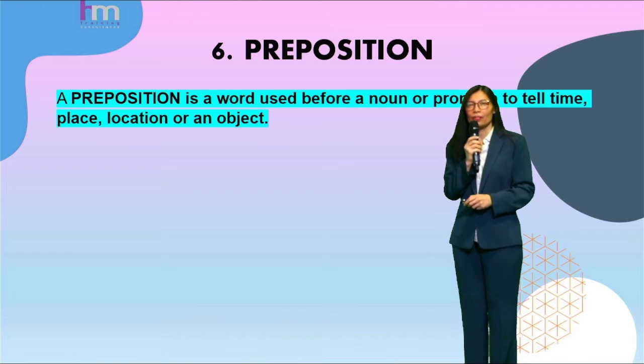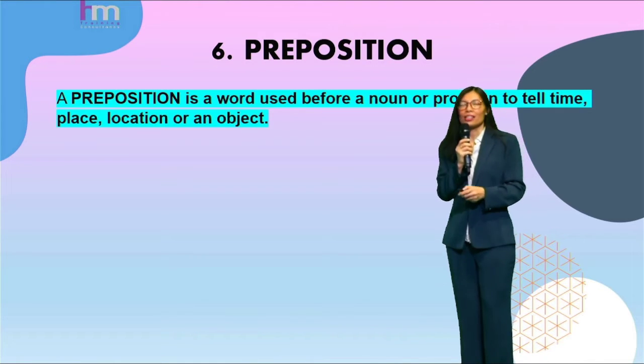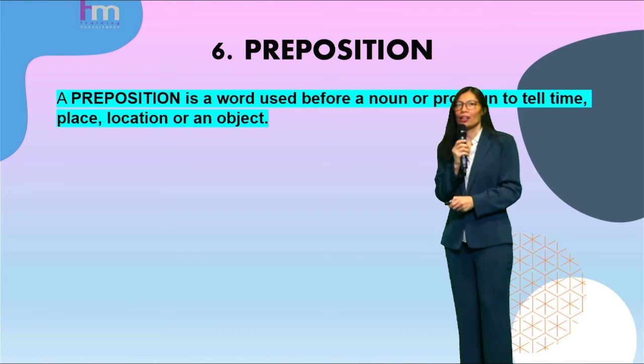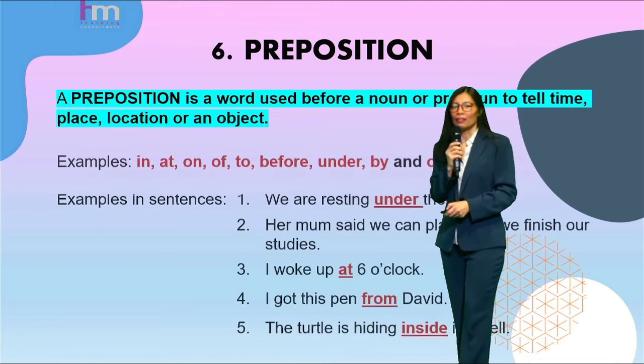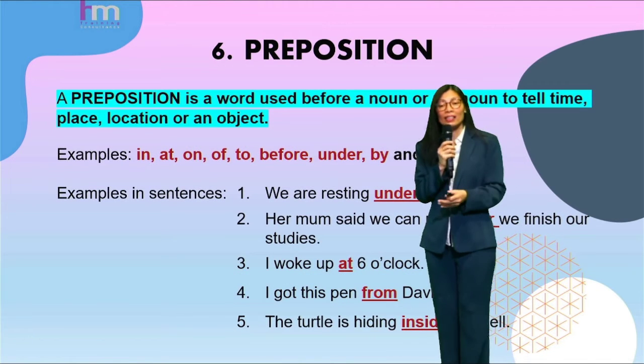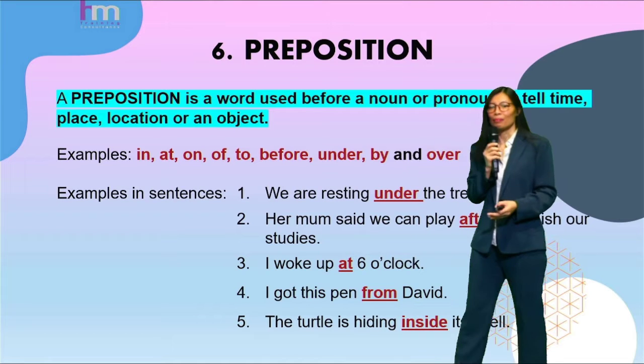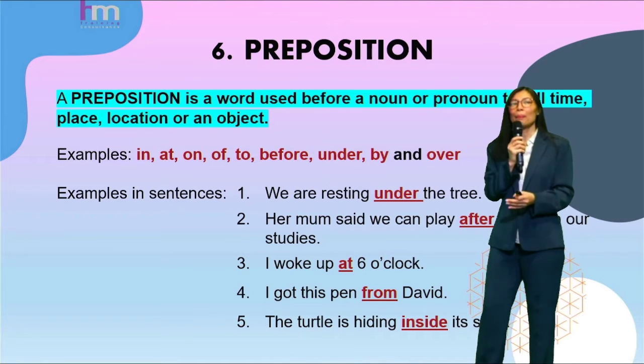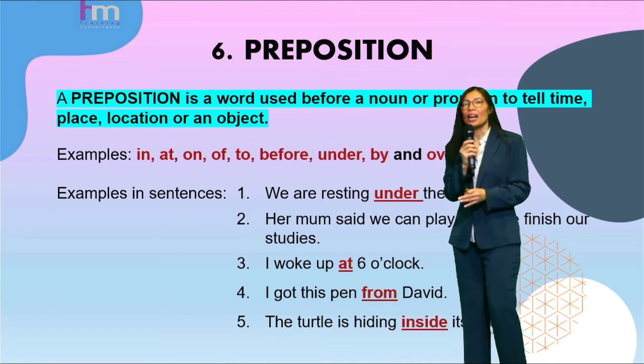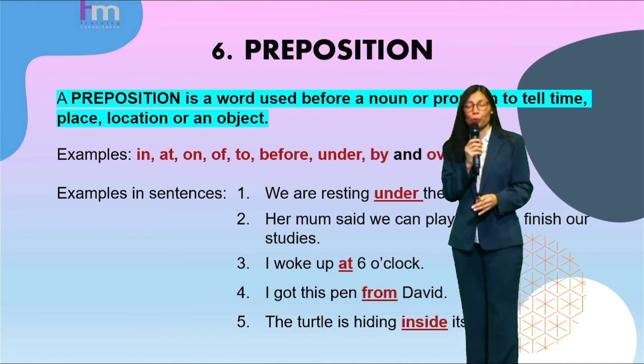The words are very simple, even though the category name is hard to pronounce. The words you use for prepositions are in, at, on, off, before, under, by, and my last one is over. But there are many more. These are just a few.